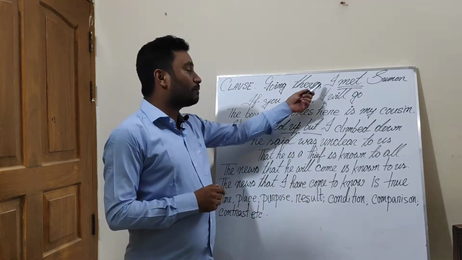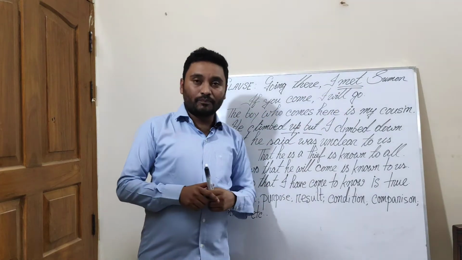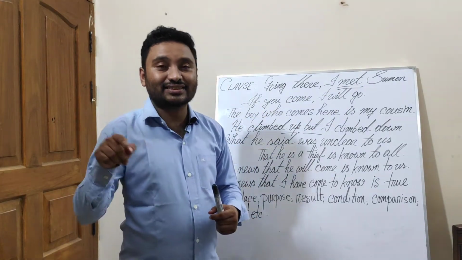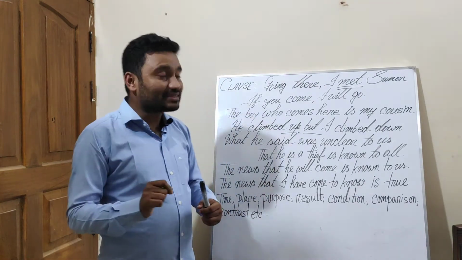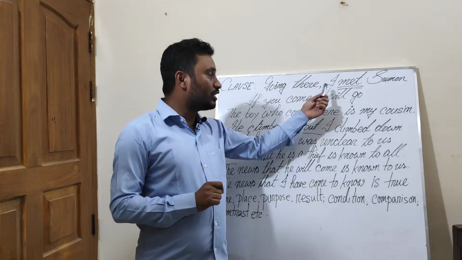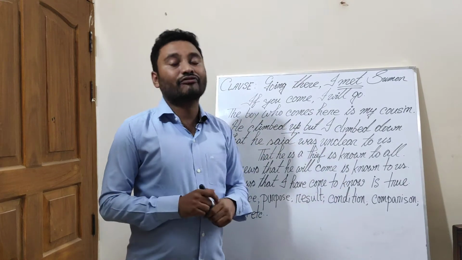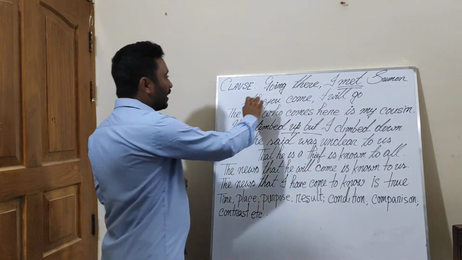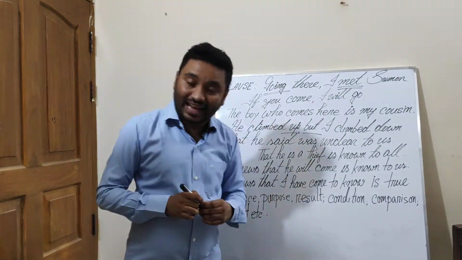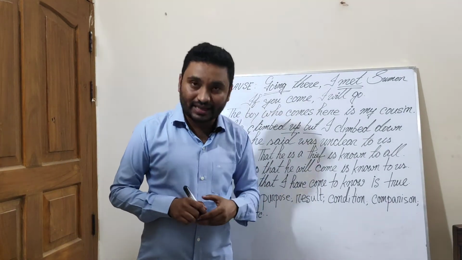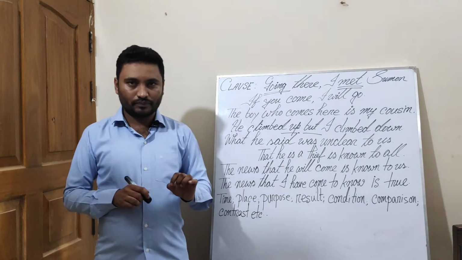So if I make it third person singular number, we have to use an extra s there. He meets Shumon. So the verb that changes according to the tense and according to the subject is called a finite verb. This verb going, it didn't change. So the verb that doesn't change according to the tense or subject is called a non-finite verb.